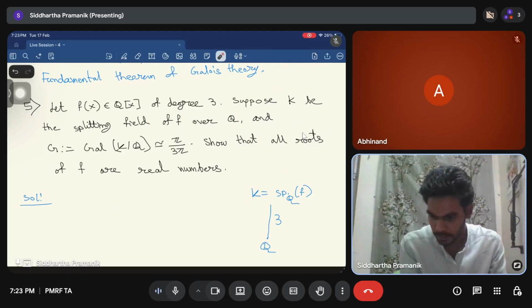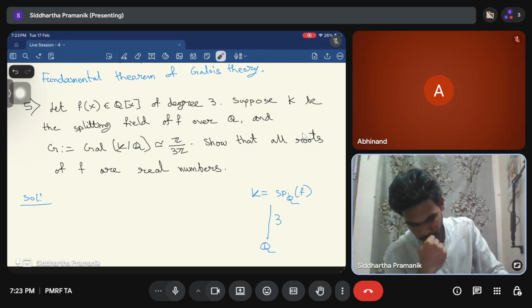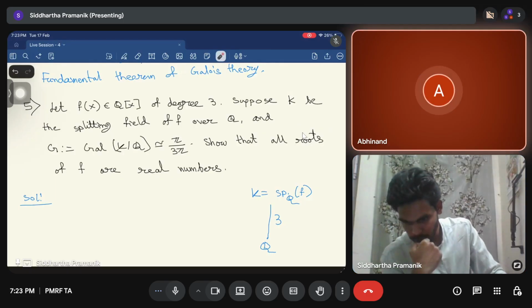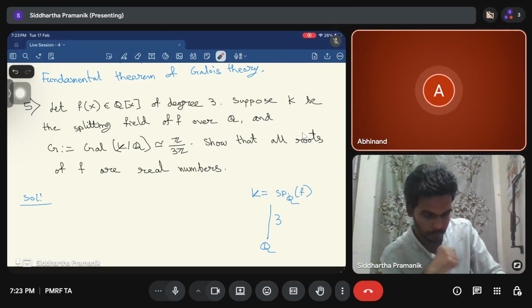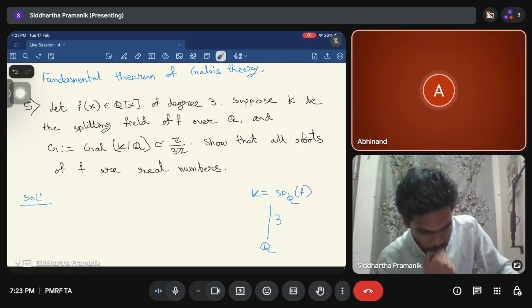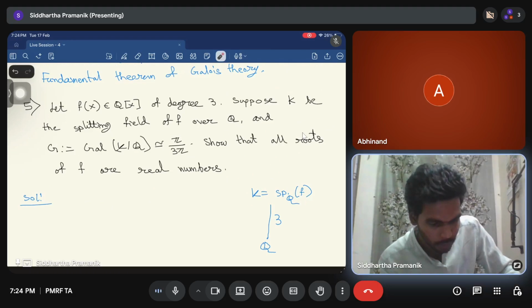So any idea how to do this? If we show that any intermediate field L is either isomorphic to K or to Q, is this statement equivalent? How are you connecting these two?